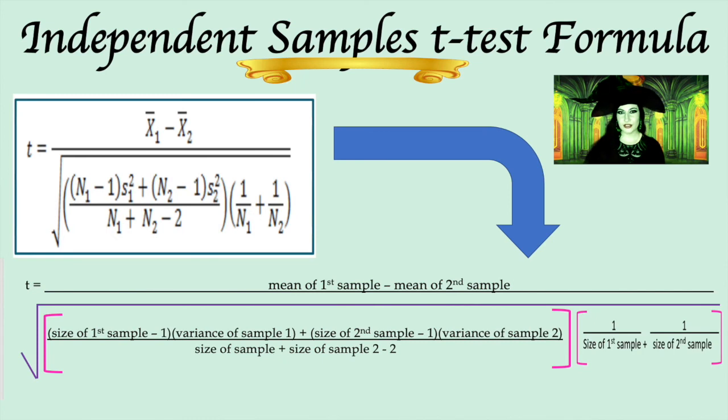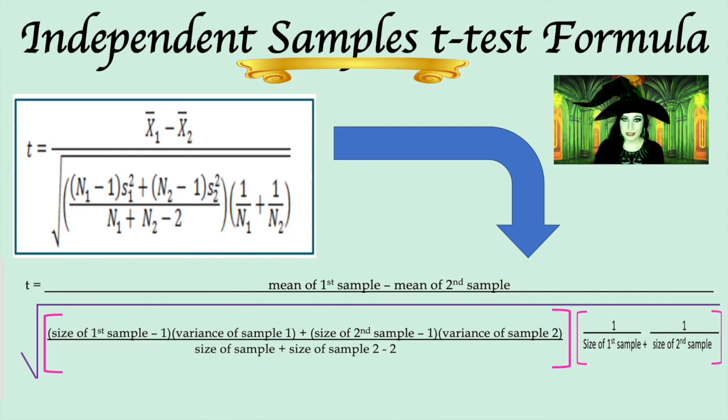Let's take a closer look at the formula and really dissect the symbols to understand what is being asked of us when we're going to calculate an independent samples t-test. So if we look at the numerator, we know that X bar represents the average or the sample mean. Now, because we're comparing one sample mean to another, we're simply going to look for the difference between the two.